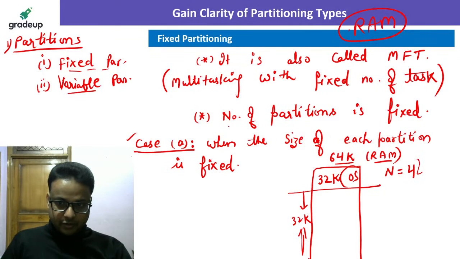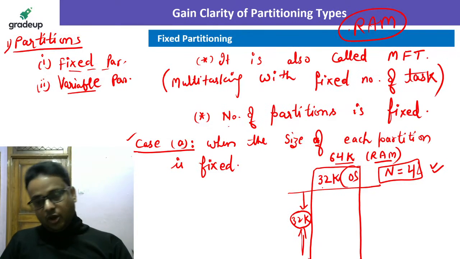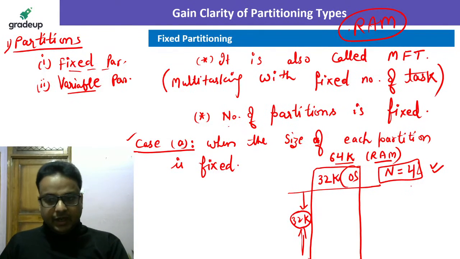If I say n is equal to 4, meaning the number of partitions is 4, and the memory available is 32K, then definitely 4 eights are 32. So 4 partitions will be there, each of size 8K.